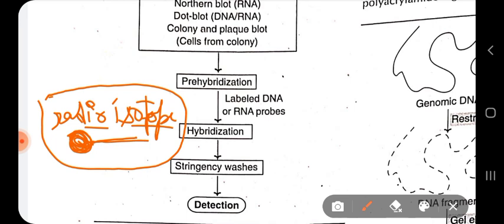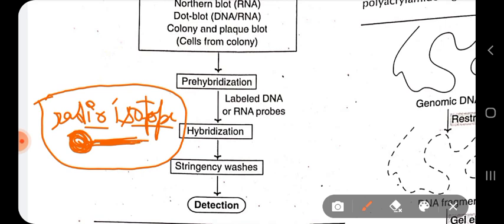So what is the function here? These probes are single stranded, so they will hybridize with the specific DNA fragment or specific RNA fragment, whatever probes we are using.